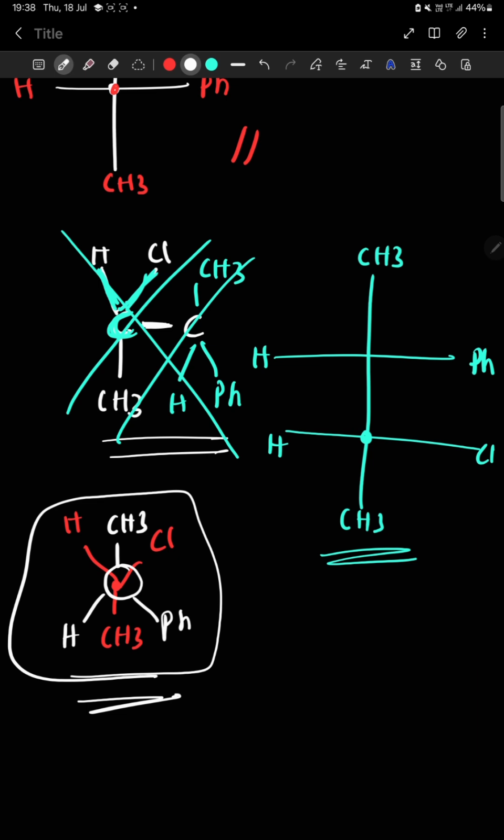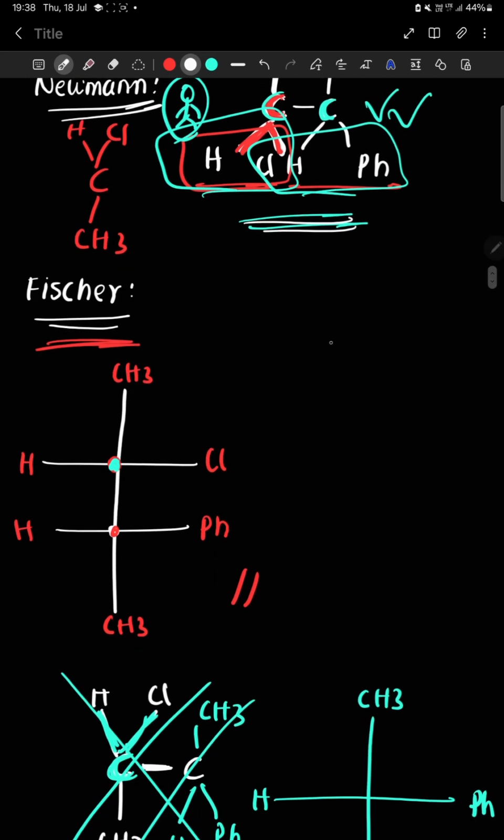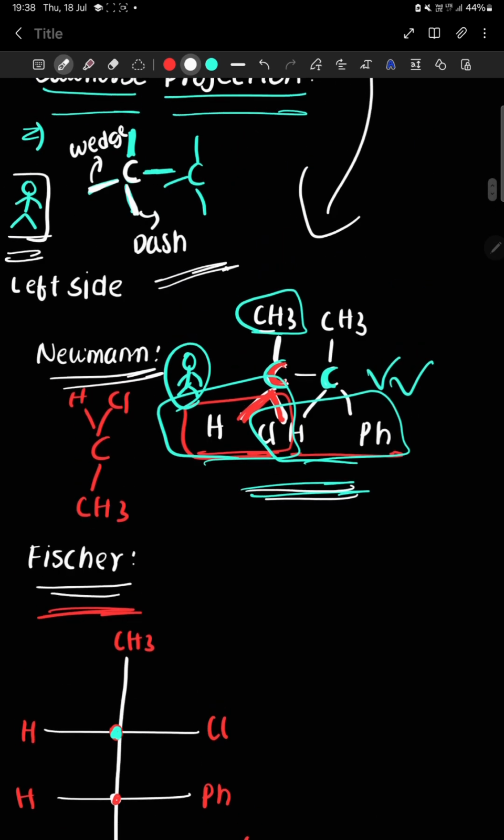They have to be eclipsed. If you don't know what eclipsed means, it's basically this. I erased the Newman projection, didn't I? But basically here, if you notice, the CH3 is perfectly behind the CH3.